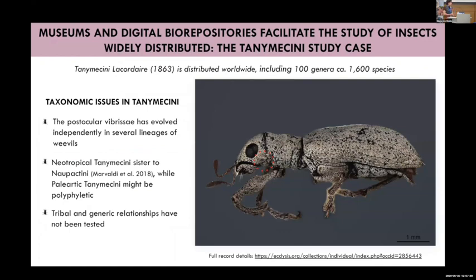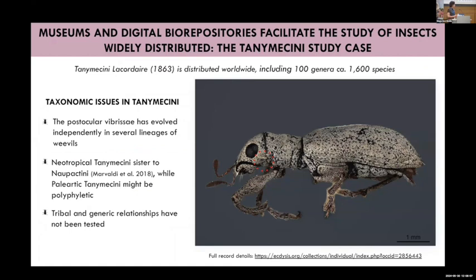So for museum work, I think it's important to highlight that when you're working with widely distributed insects, things are way more complicated, because you cannot go and collect dispersed samples from everywhere, right? So you have to rely on museums.